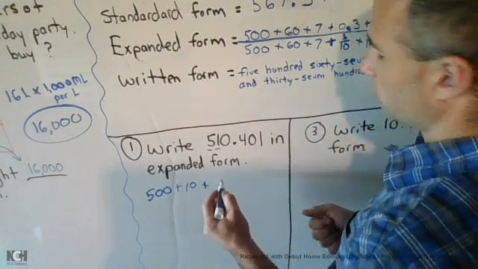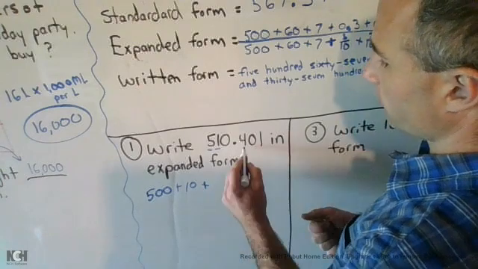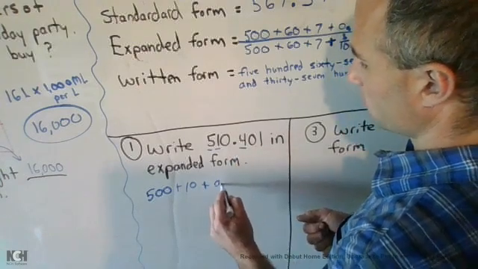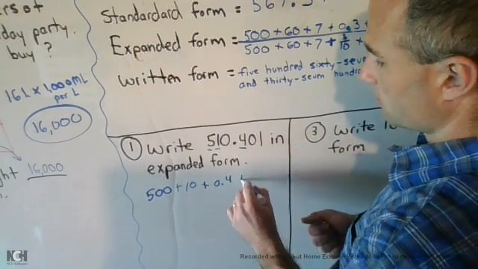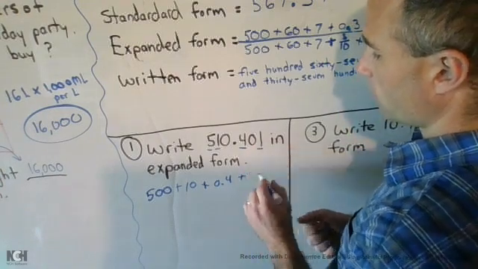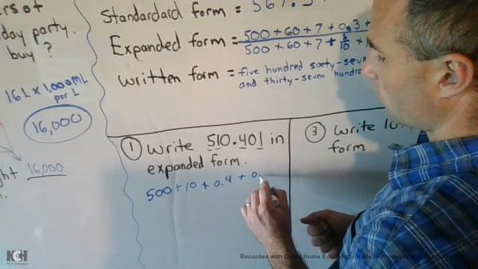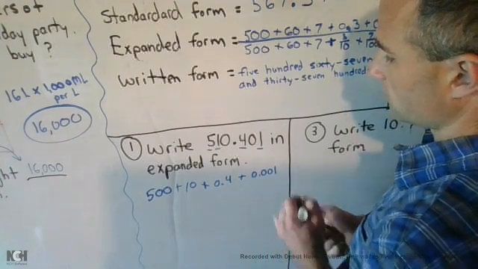So I'm going to go with decimal this time around. So I'm going to write 4/10. There's nothing in the hundredths place. So now I'm going to write thousandths. 1 thousandth.